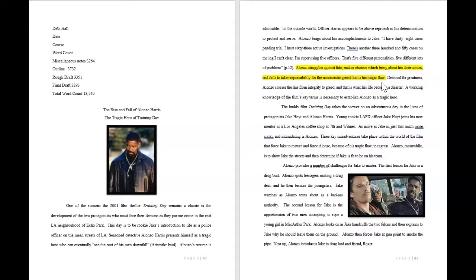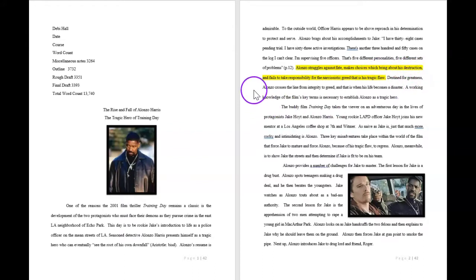That's it. What does the reader know from this, therefore? The reader knows that the first section of the essay is going to describe Alonzo's struggles against fate. The next paragraphs in the essay will demonstrate choices that bring about his destruction.